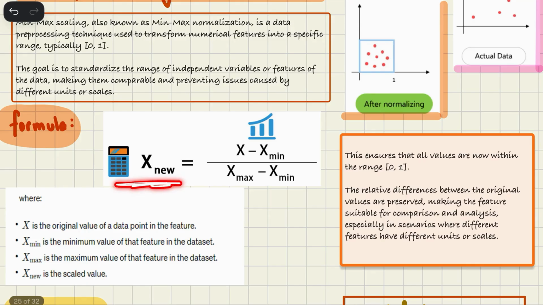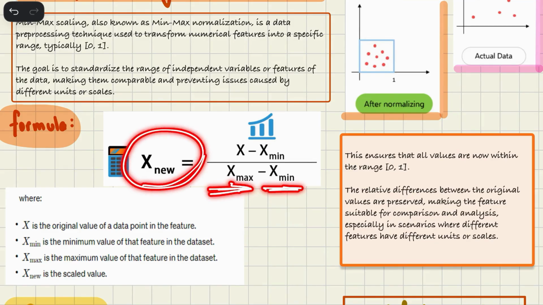So how do we calculate it? x is the original value of the data point, x minus x min, where x min is the minimum value of the feature in the data set, divided by x max, which is the maximum value of the feature in the data set, minus x min. And this is how we get the scaled value, the new value.